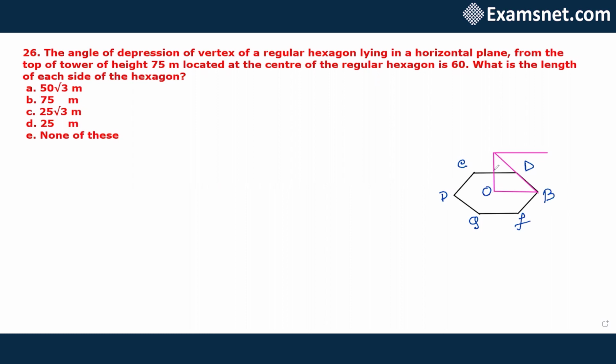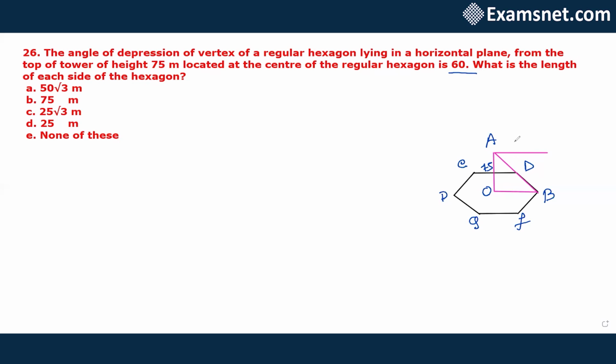So there is a tower at the center. Let's say OA is the tower of 75-meter height. Since a hexagon is a polygon having 6 sides, the angle of depression from the top of the tower, that means from the point A to any vertex, is given as 60 degree.